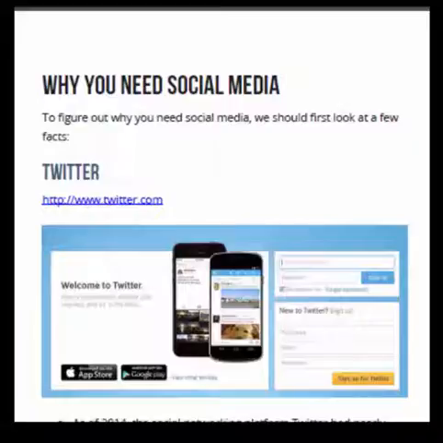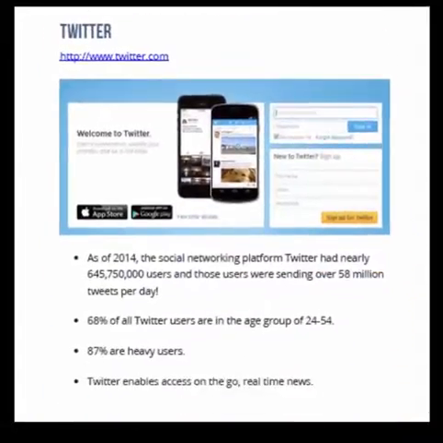To figure out why you need social media, we should first look at a few facts. Twitter, for example. As of 2014, the social networking platform Twitter had nearly 645,750,000 users, and those users were sending over 58 million tweets per day. 68% of all Twitter users are in the age group of 24 to 54 years old. 87% are heavy users.